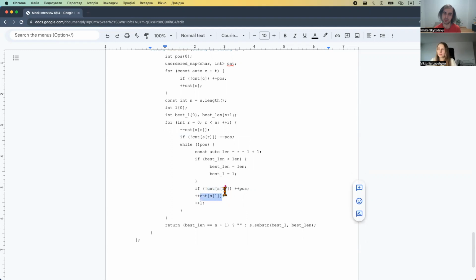Well, if it's not in the map, this value will be 0. But I don't think that it can be not in the map. Yeah, but okay, let's think about this. I think here it will subtract unnecessarily. Like here it will actually, or maybe not.